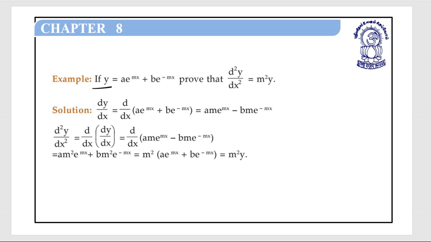Next example: if y is equal to a e raised to mx plus b e raised to minus mx, prove that d square y by dx square is equal to m square y.